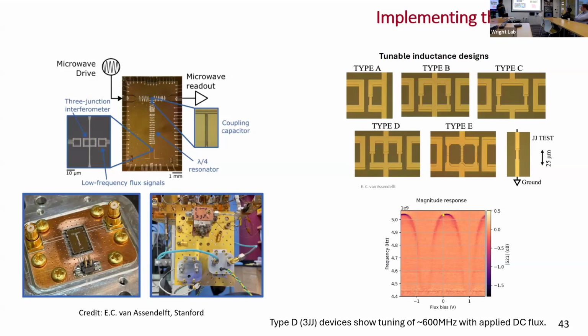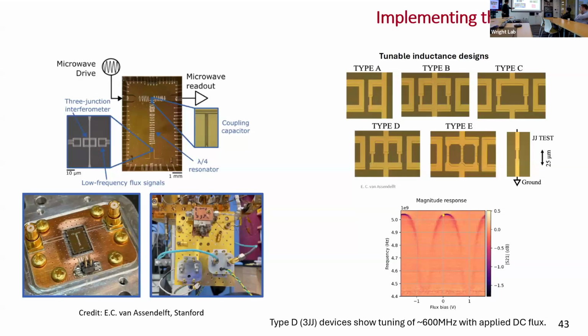So these are various designs of the tunable Josephson inductance. And part of the re-optimization is getting a really high flux to frequency responsivity. In this case, tuning through one flux quantum gets 600 megahertz of swing on a roughly 5 gigahertz resonator. That's actually now been demonstrated.